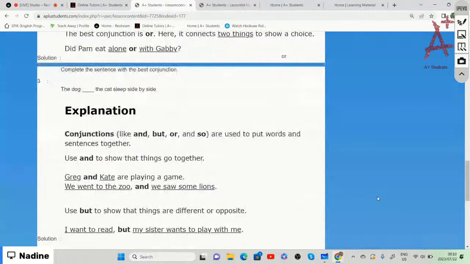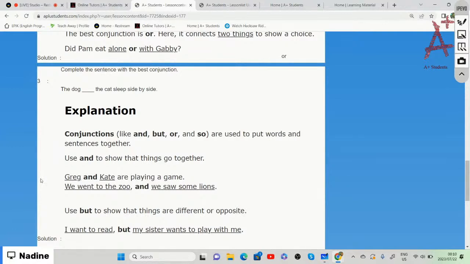The dog, the cat sleep side by side. So which means that if we were to choose the best possible conjunction: the dog and the cat sleep side by side, or the dog but the cat sleeps side by side, the dog or the cat sleeps side by side, or the dog so sleeps side by side.